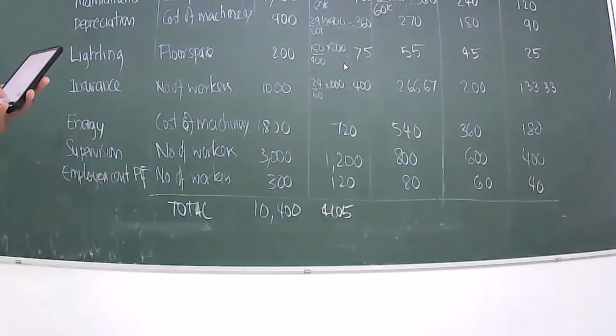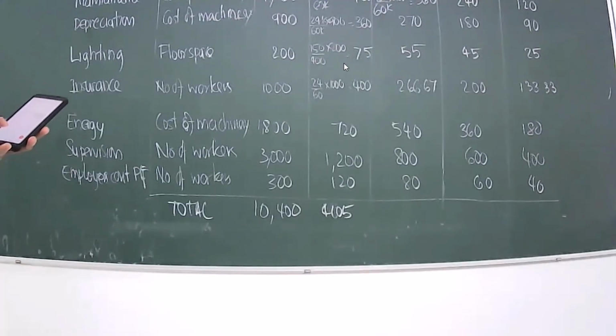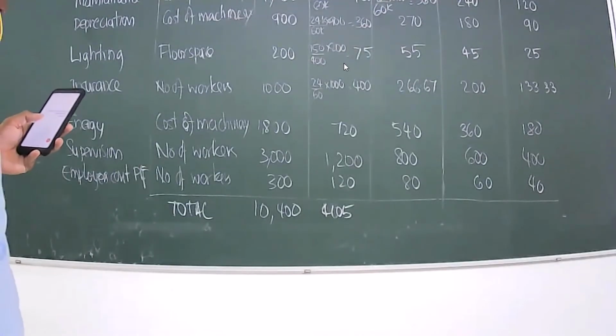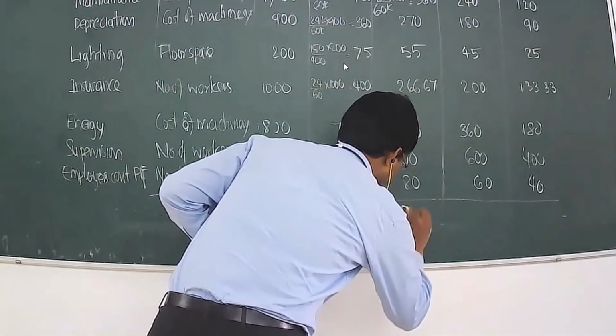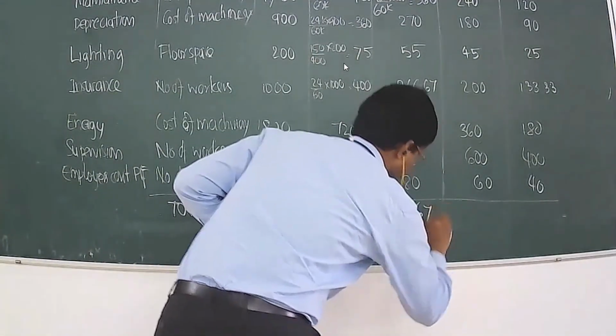Next one, 550, 360, 270, 55, 266.67, 540, 800, and then 80. So 2,921.67.